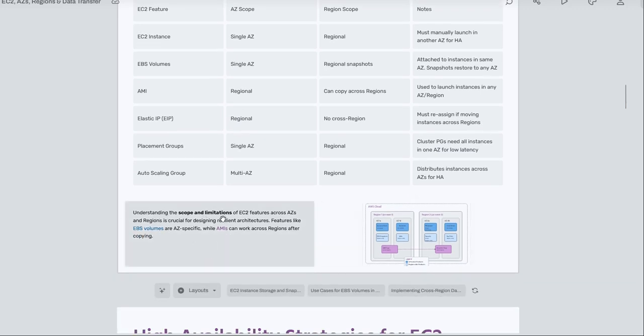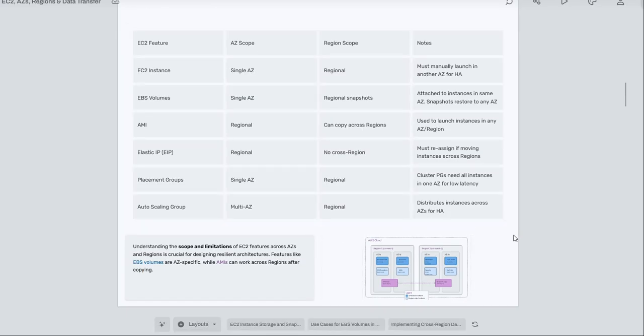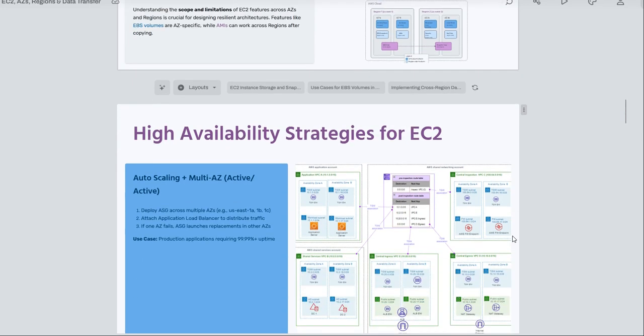Understanding the scope and limitations of EC2 features across availability zones and regions is crucial for designing resilient architecture. Features like EBS volumes are availability zone specific, while AMIs can work across regions after copying. So you need to understand the cost and high availability of these services, right?